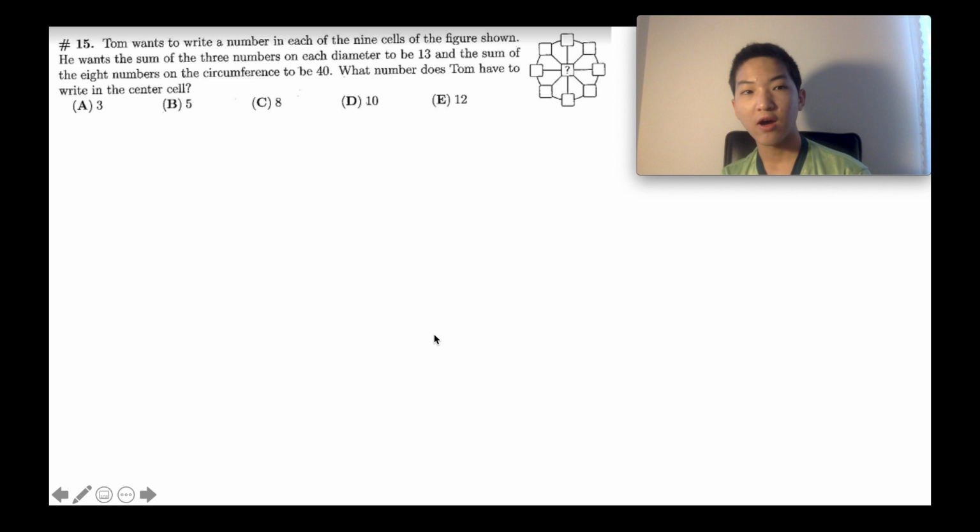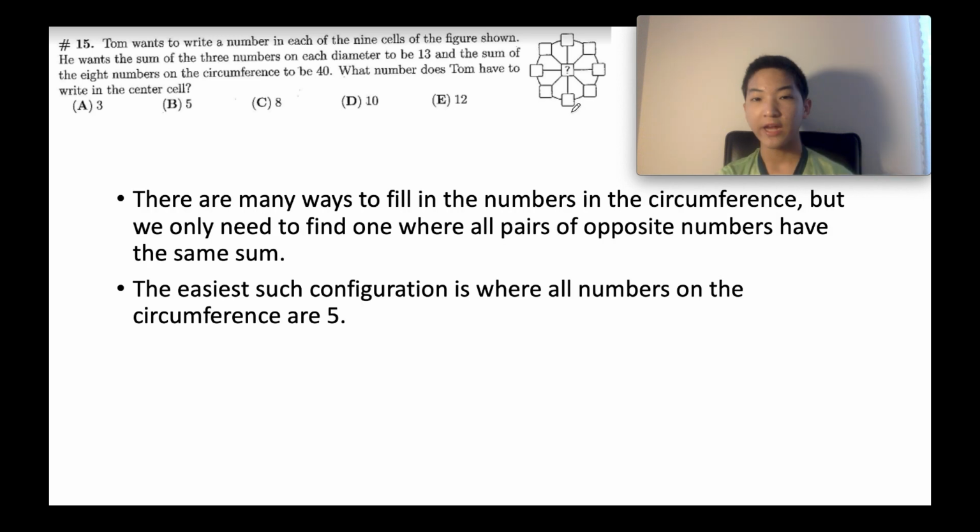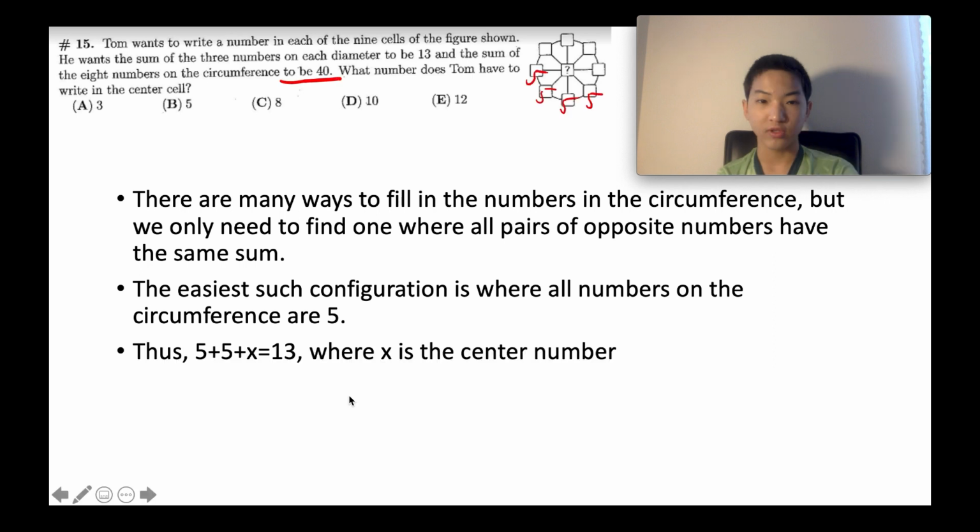So the easiest such configuration is where all numbers are 5. Because remember, there are 8 numbers on the circumference. Their sum must be 40. So if each of these are 5, then any 2 numbers will obviously equal any other 2 numbers added together. And then 8 of the 5s will equal 40. So thus, 5 plus 5 plus x is equal to 13, where x is the center number.